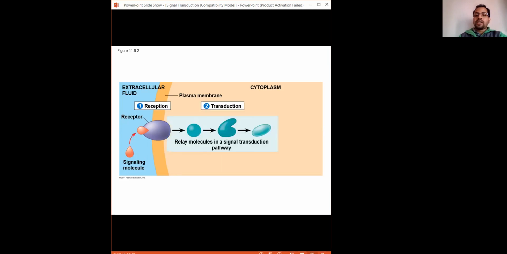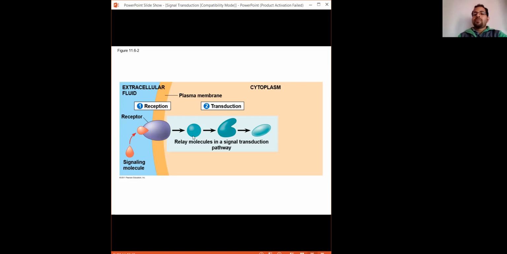The next step is known as signal transduction. The signaling molecule is not directly going inside the cell, but this receptor molecule is relaying the signal to the other molecules.